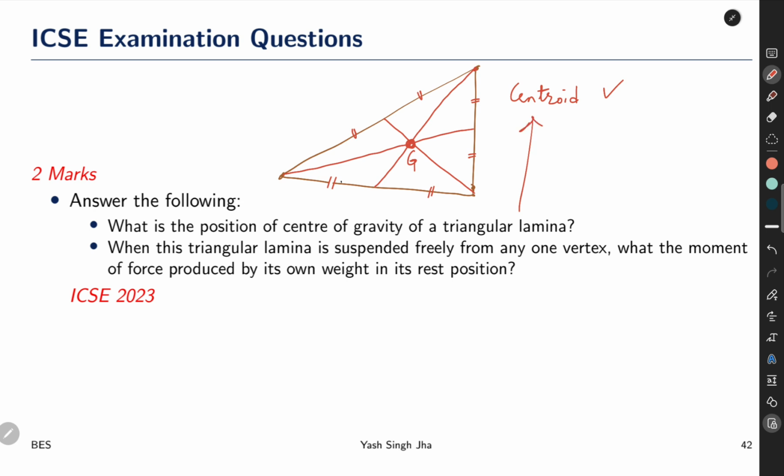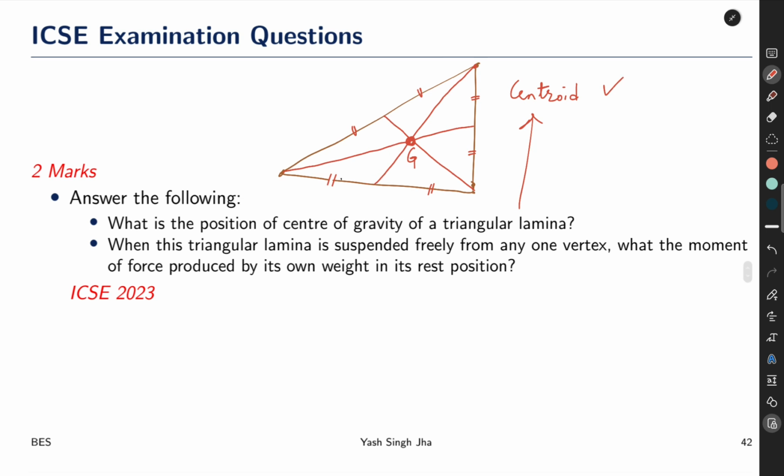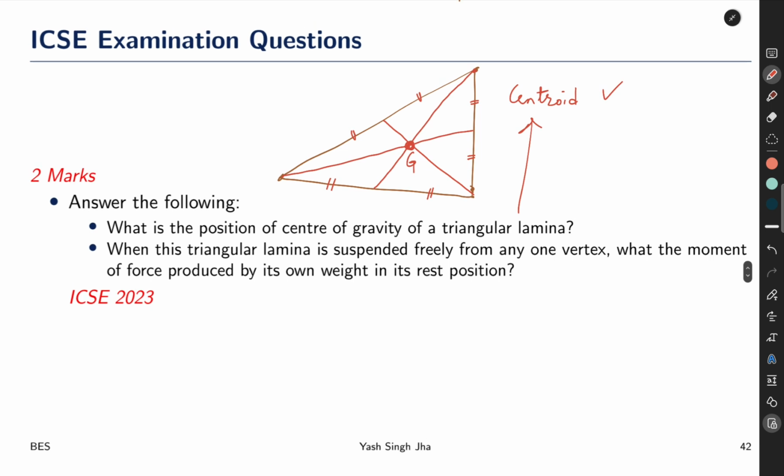When this triangular lamina is suspended freely from any one vertex, what is the moment of force produced by its own weight in its rest position? What do you mean? If I take this triangle and suspend it from any of its vertices, and let it rotate about that point, we know that the center of gravity will try to be as low as possible.